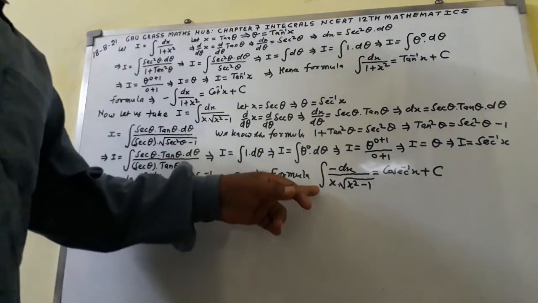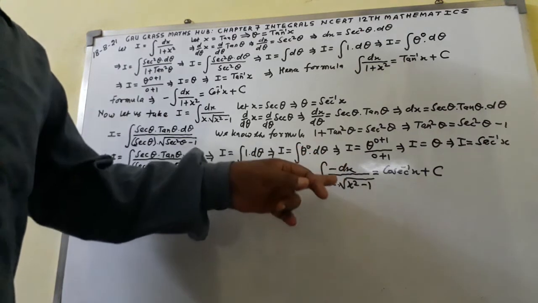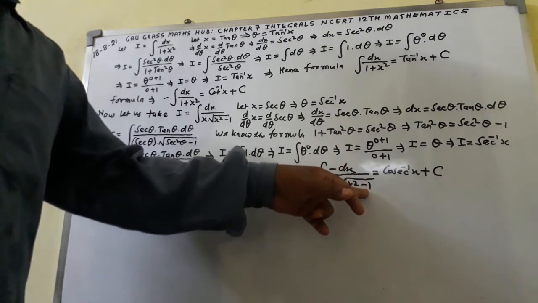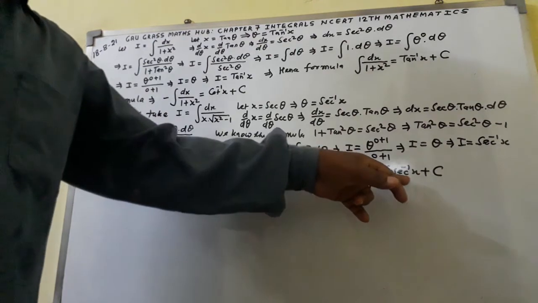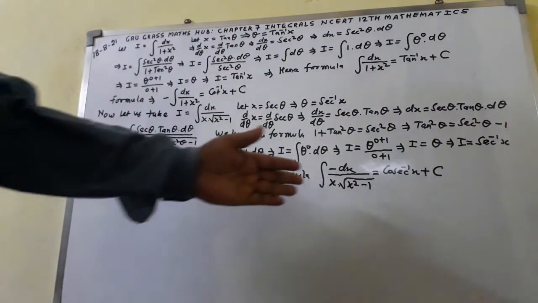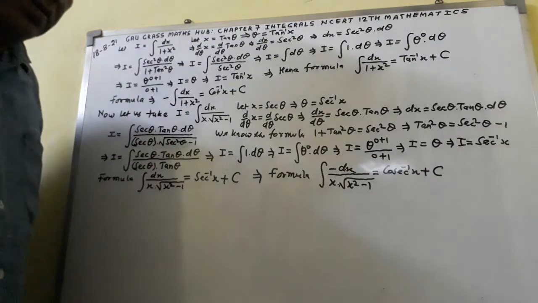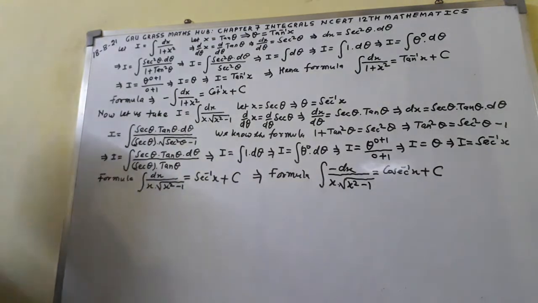Formula is integral minus dx over x dot under root x square minus 1 equal to cosec inverse x plus c. This thing we have got. So this is also formula, this is also formula. Remember this.